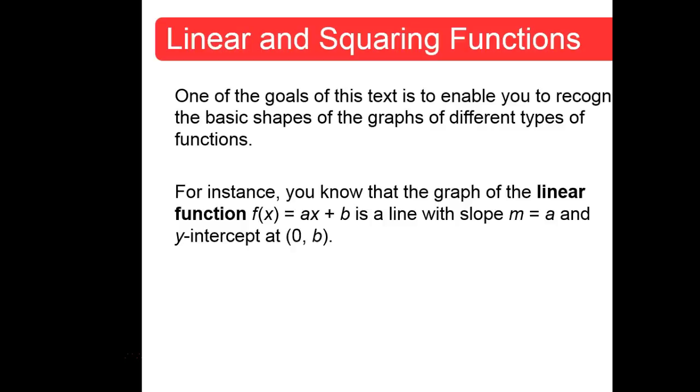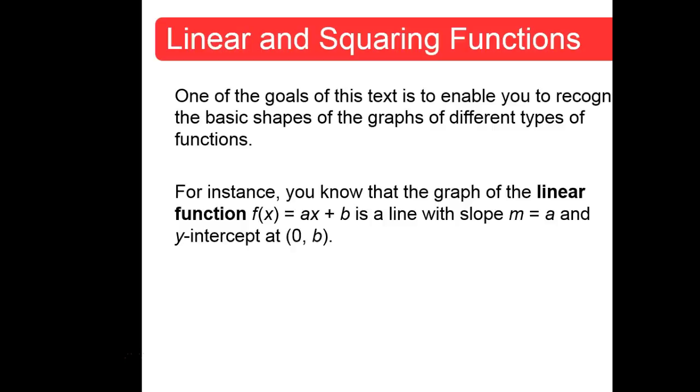One of the basic goals of this text is to enable you to recognize the basic shapes of the graphs of different types of functions. For instance, you know that the graph of a linear function, as you just said, is a straight line. And you can write it as f of x, which is also y, is equal to ax plus b. Now, we're used to calling it mx plus b.